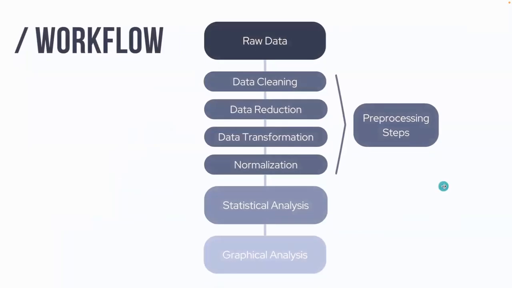So the basic workflow: you have your raw data. This could be data that you downloaded from a public database, data that you yourself created from sampling, and so on and so forth. The number one step you have to do is pre-processing. Your data will be noisy most of the time.